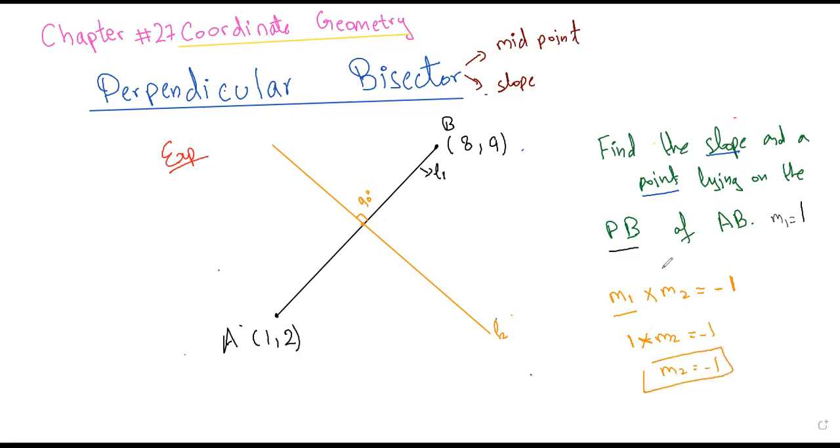This means that the slope of the perpendicular bisector is -1 and the midpoint is 4.5 and 5.5. So Turhan, did you understand this now? Yes. All right, okay.